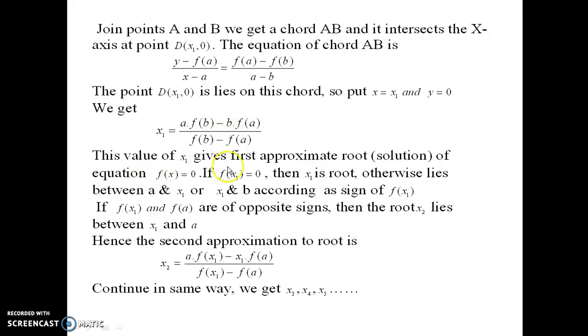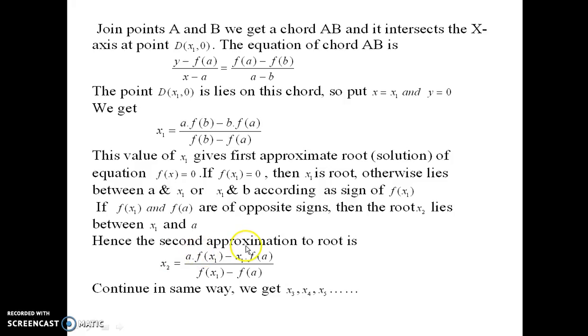This value of x1 gives the first approximate root of the given equation f of x equal to 0. If f of x1 equal to 0, then x1 is a root, then stop. Otherwise, the root lies between a and x1 or between x1 and b, according to the sign of f of x1. If f of x1 and f of a are of opposite signs, then the root x2 lies between x1 and a.